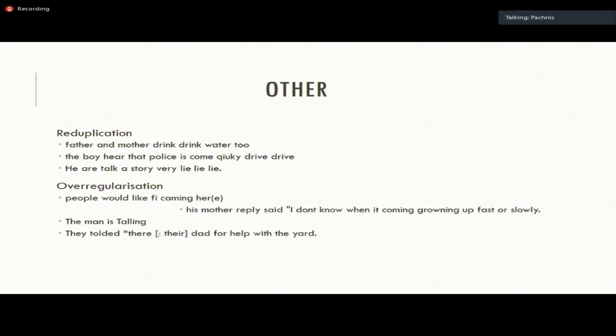And in the case of "father and mother drink water" and "quickly drive," that was more to produce a progressive rather than to augment or intensify the act itself.